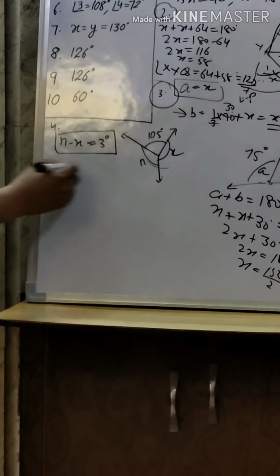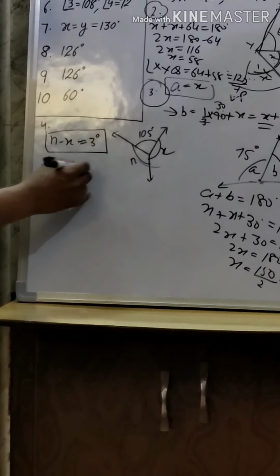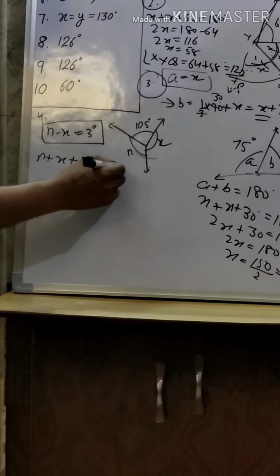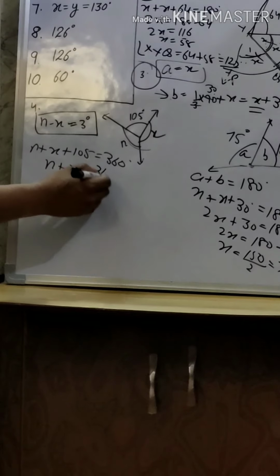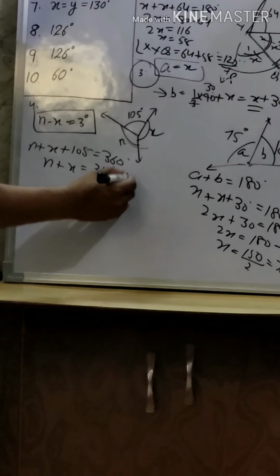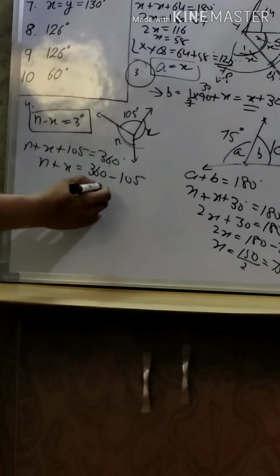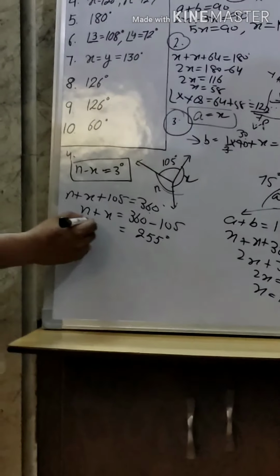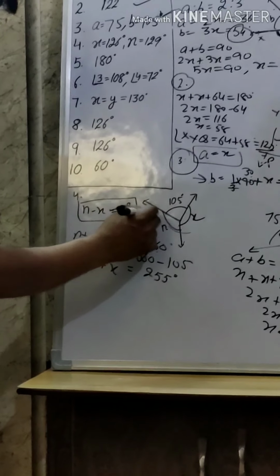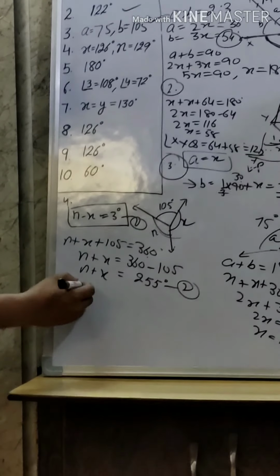So now I think you know very much about complete angle. n plus x plus 105 is equal to 360 degrees. So n plus x is equal to 360 minus 105, then it is 255 degrees. So this is the first equation and this is the second equation.